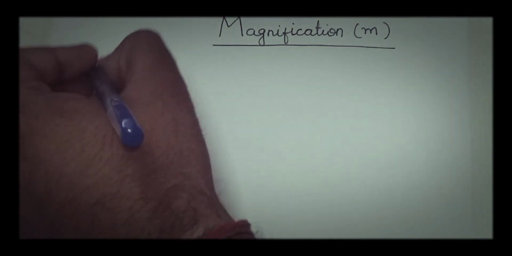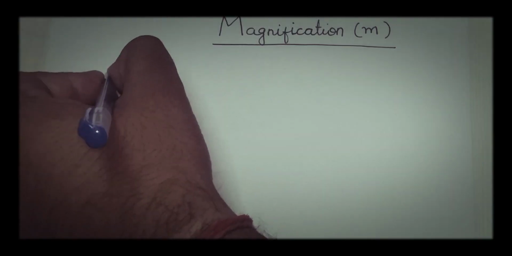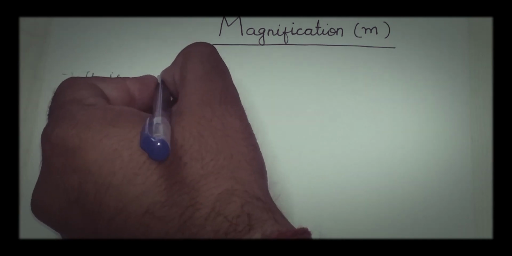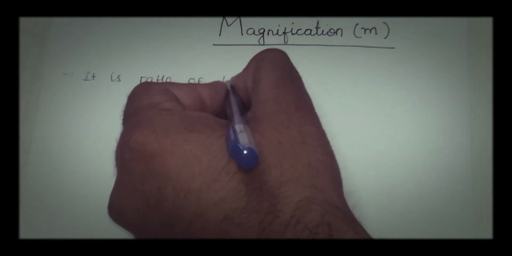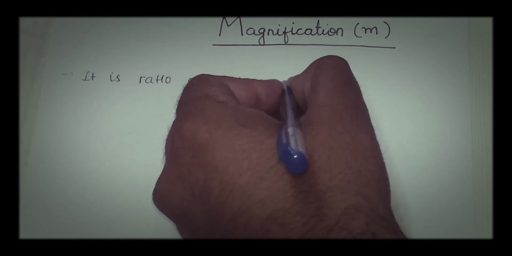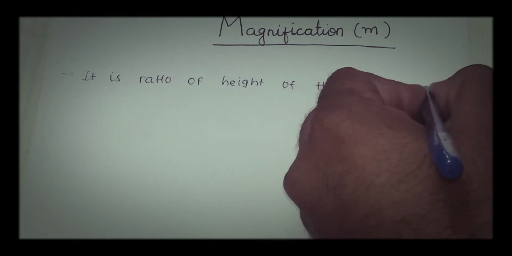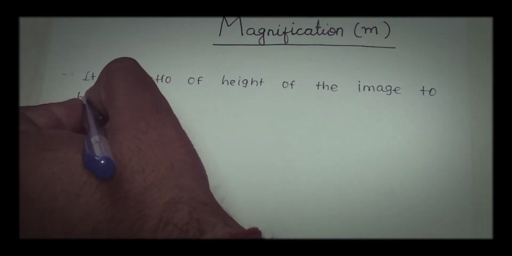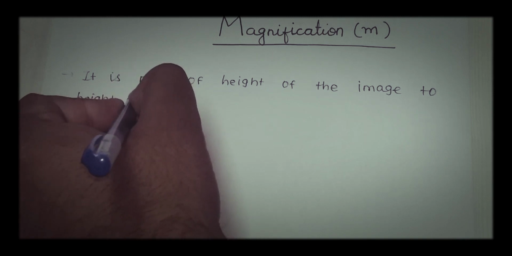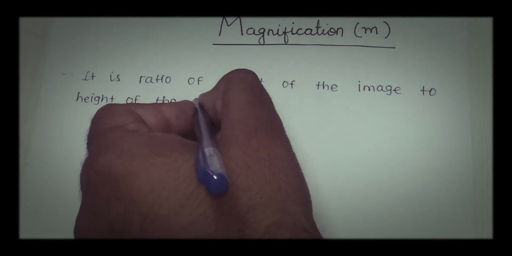Dear students, today we are going to learn the topic magnification, which is most important for spherical mirrors. Magnification is the ratio of the height of the image to the height of the object.